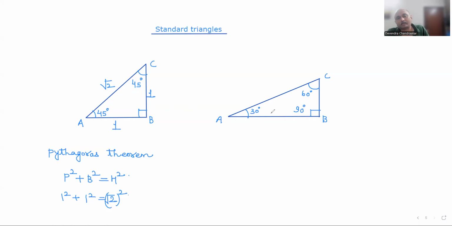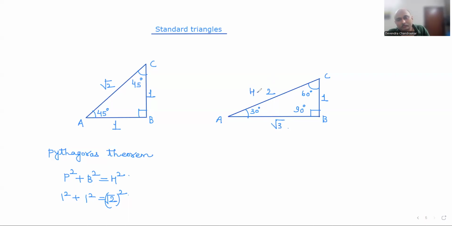This is the smallest angle's opposite side, which is 1. The longest side is 2. And this is root 3. How do I get this root 3?